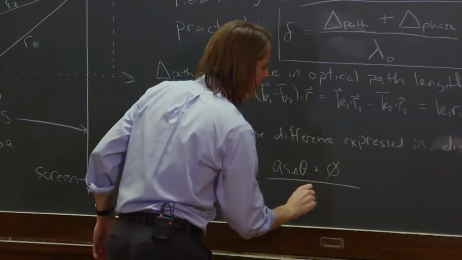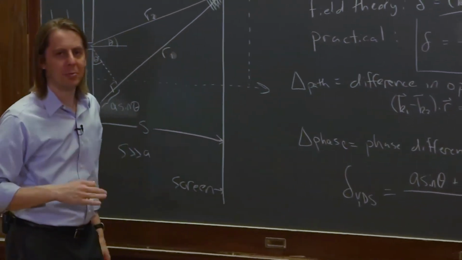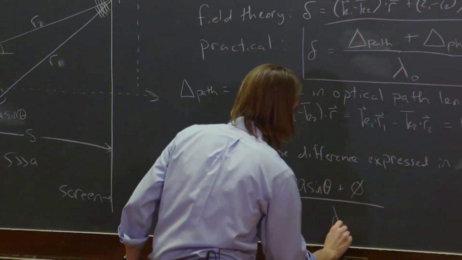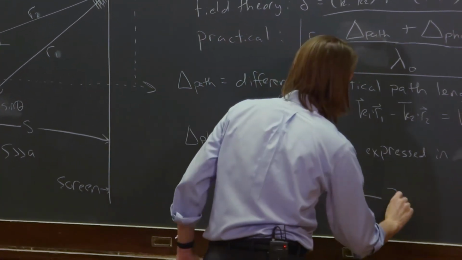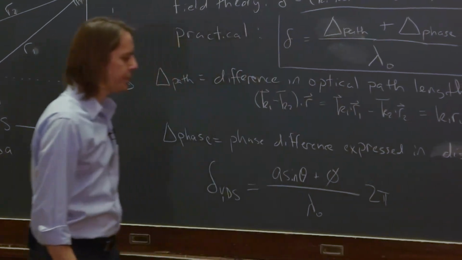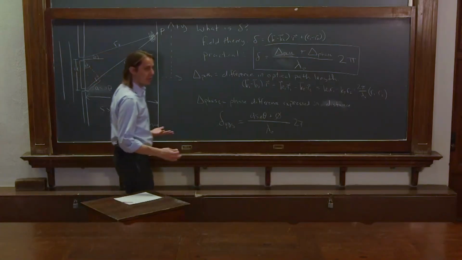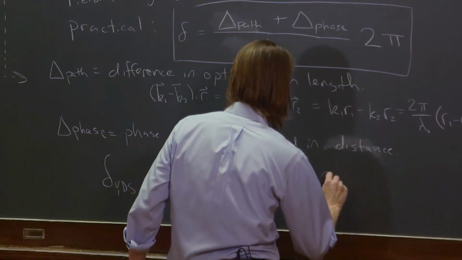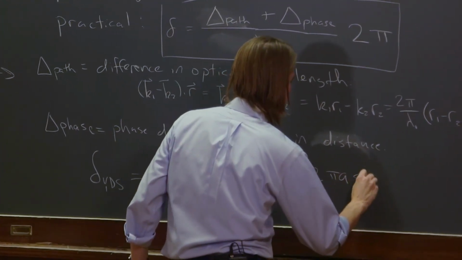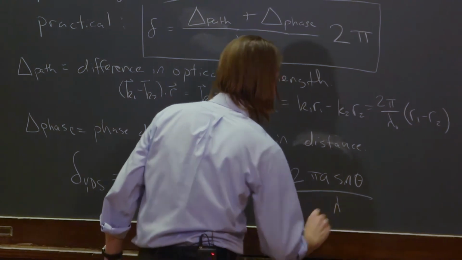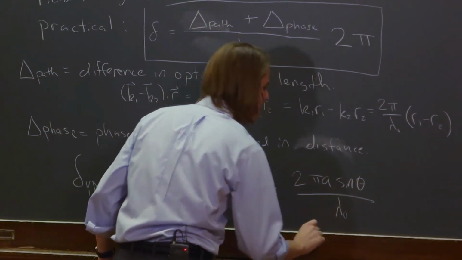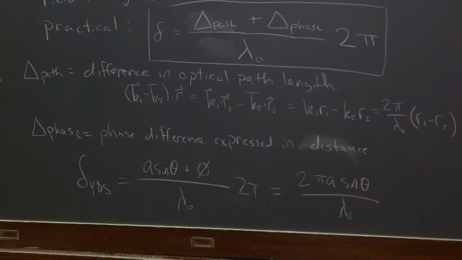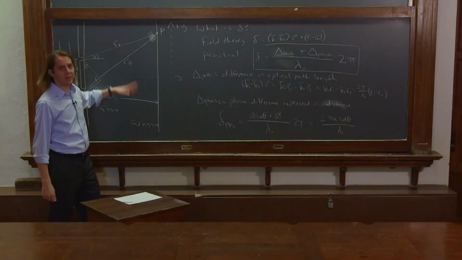We will have differences in phases on other problems, but for now it's 0. Over lambda naught, the vacuum wavelength, times 2 pi. Okay. So that's the delta condition, or the phase for Young's double slit. It's 2 pi A sine theta over lambda naught. The whole thing is done in air, so lambda naught or lambda is the same thing. Okay, and the next thing is to tie all that to the geometry.